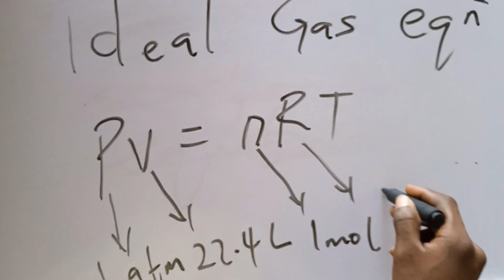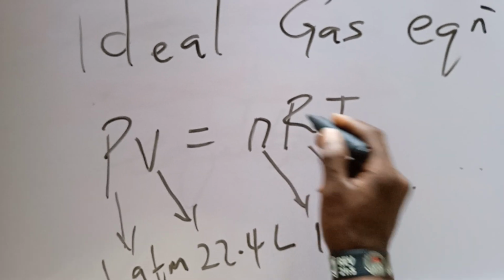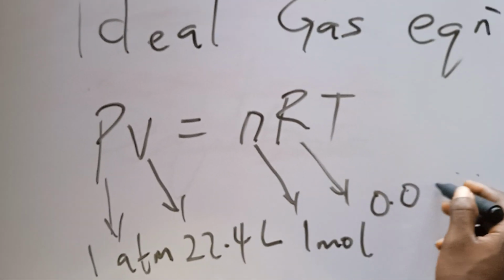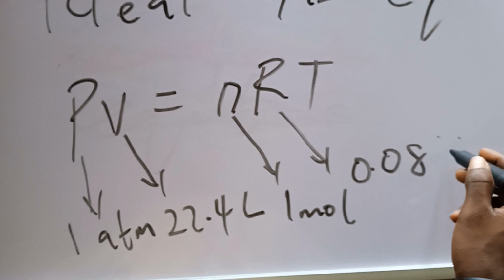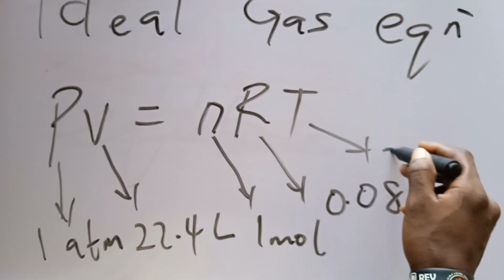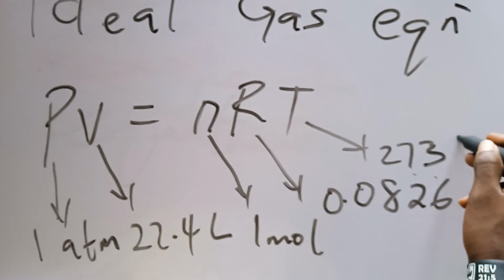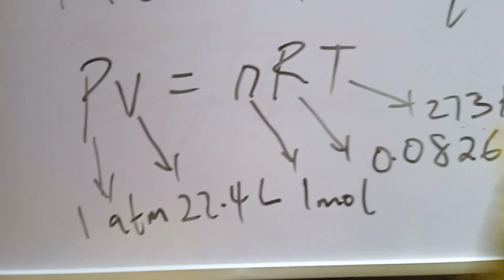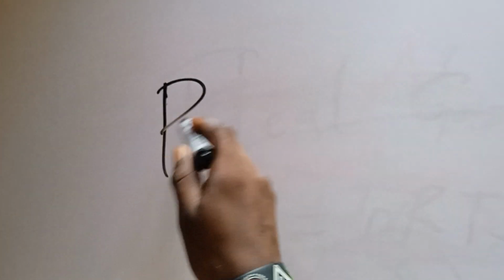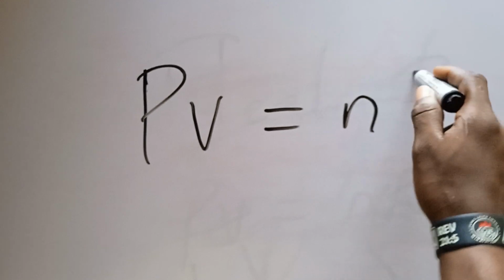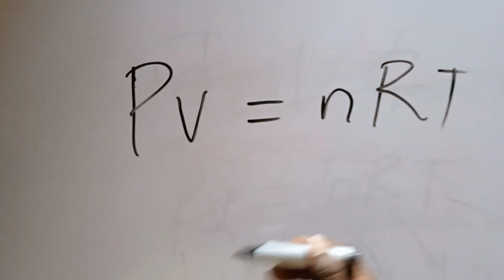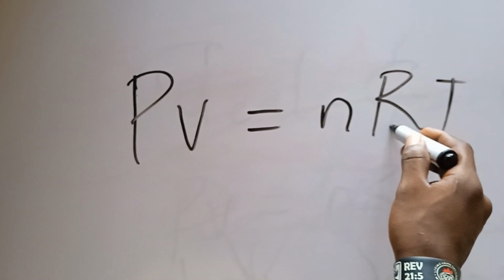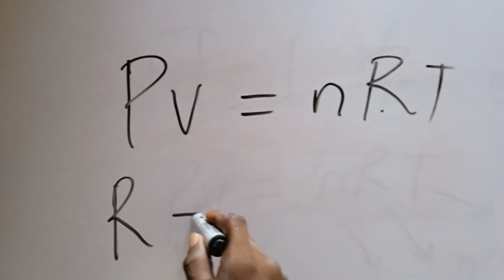This is called the gas constant, R equals 0.0826. Temperature is 273 Kelvin. Now, since this is the gas constant, let's make it the subject of the formula.